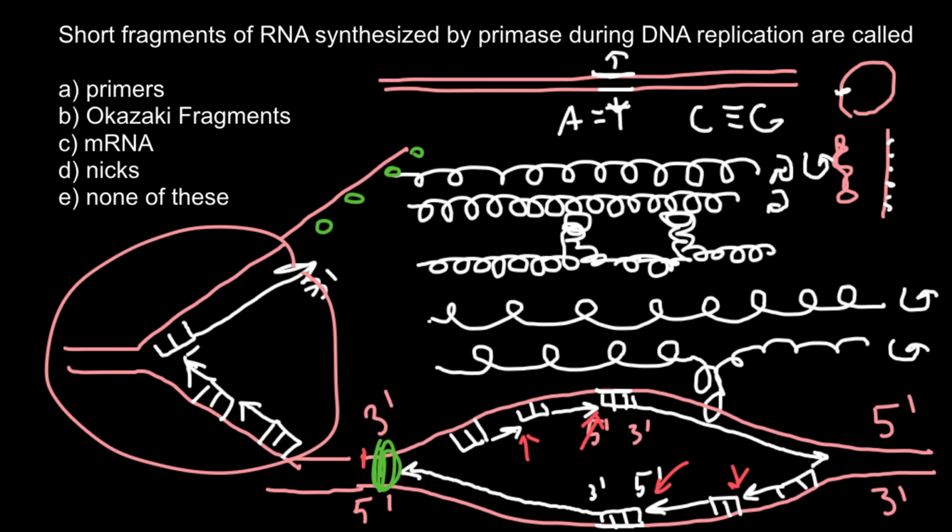Without these two proteins, DNA polymerase would produce only short fragments of the DNA. So these two proteins stabilize new strand DNA synthesis.